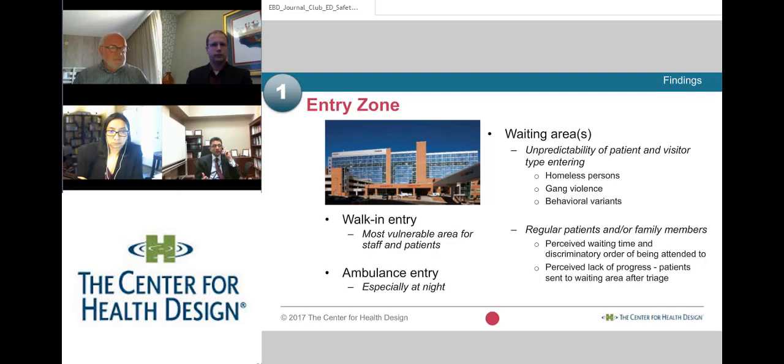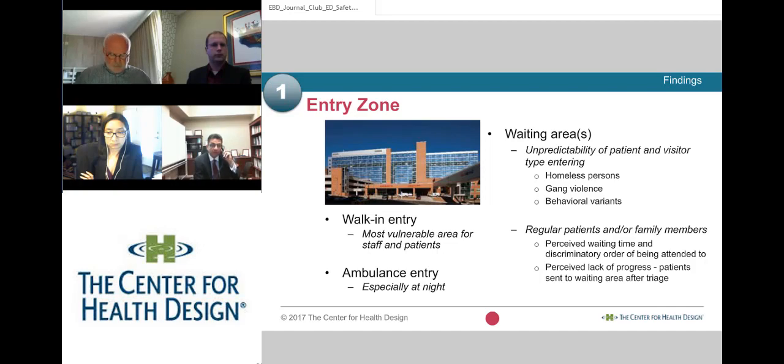When we say entry zone, we're talking about the walk-in entry, the ambulance entry, and the waiting area, vis-a-vis the way they are not only related to one another in terms of spaces, but also the way they're related to the registration and triage. Now, in terms of walk-in entry, the key players were gang violence.